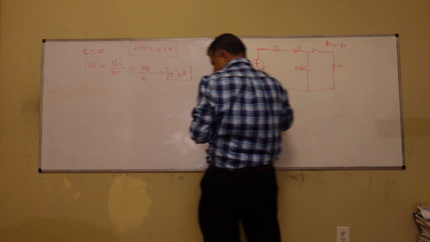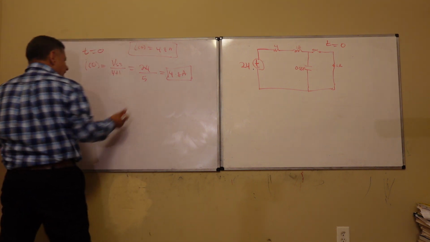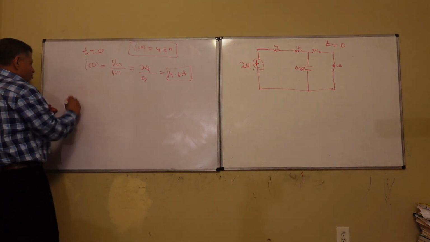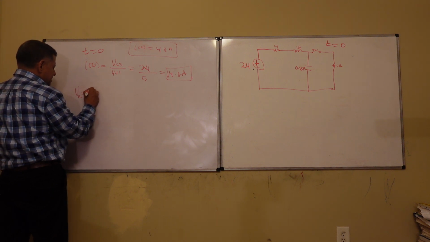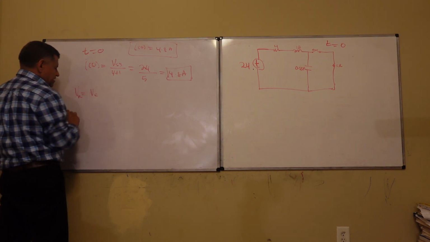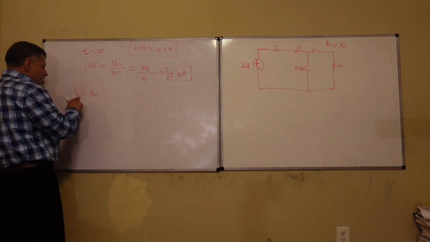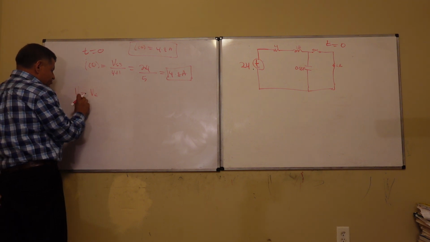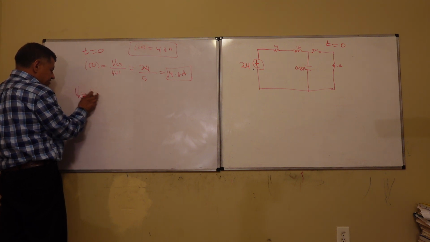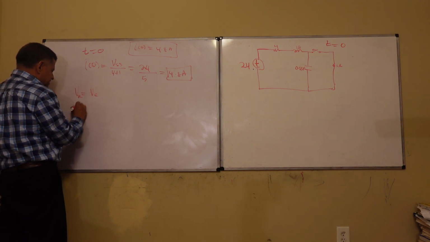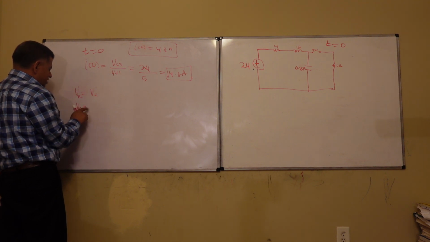So now what happened at that point? We can say that VR1 at 0 time is equal to VC. So now we can say that VC is equal to what?